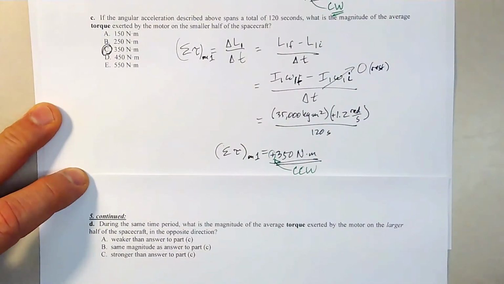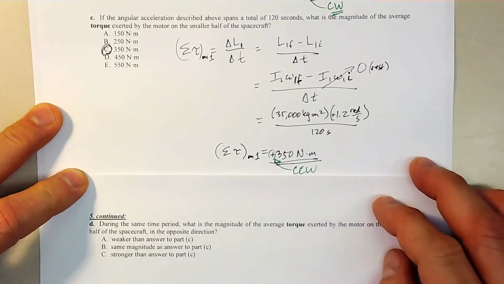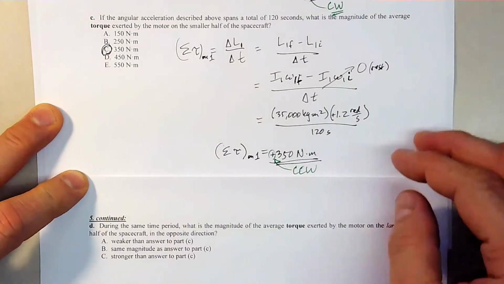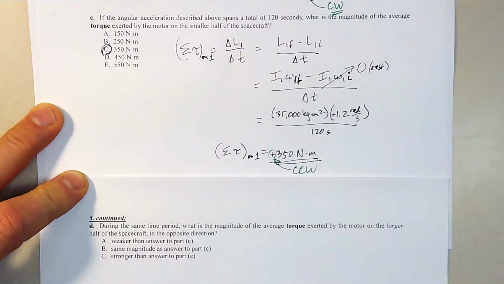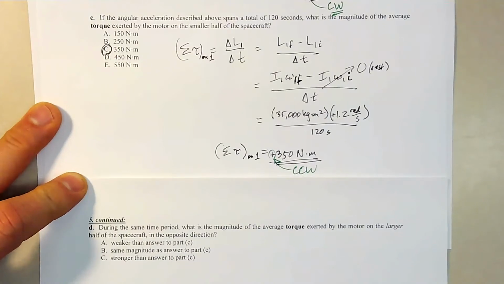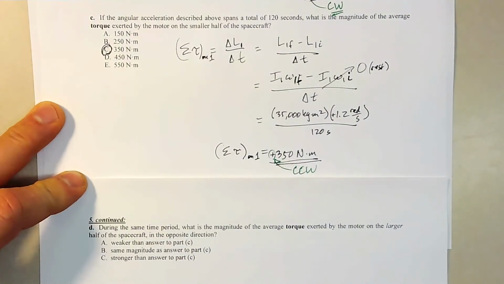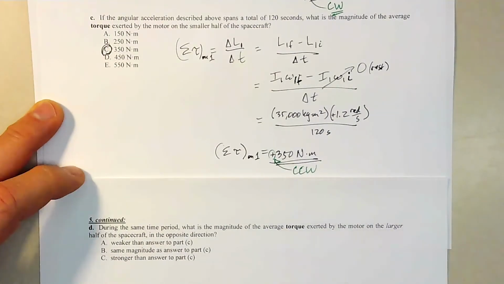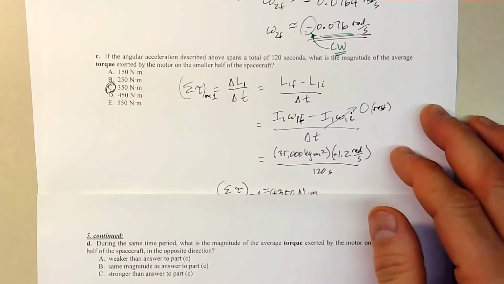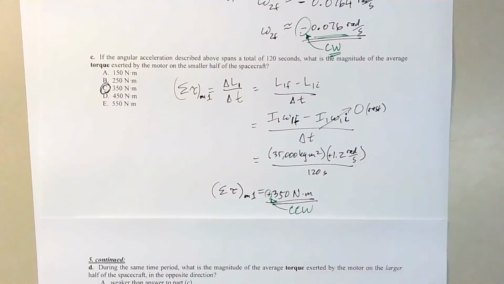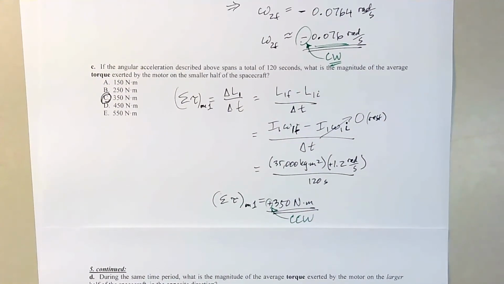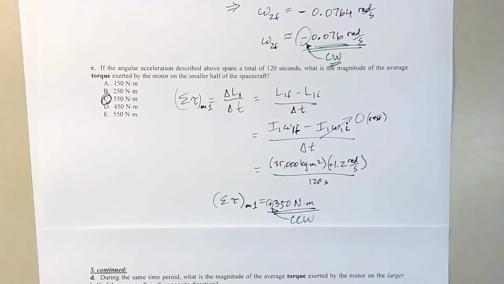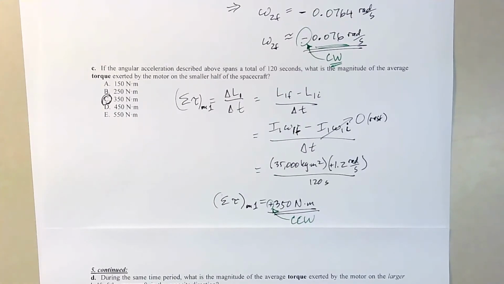We know from Newton's third law that if there is a torque being exerted on the small part of the spacecraft by a motor mounted in the large part, then at the same exact time there needs to be a counter torque exerted on the large part of the spacecraft that is equal and opposite in direction.